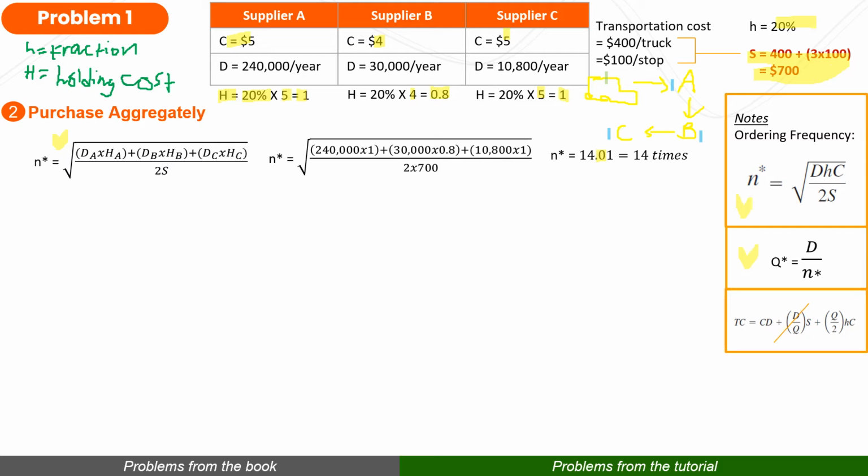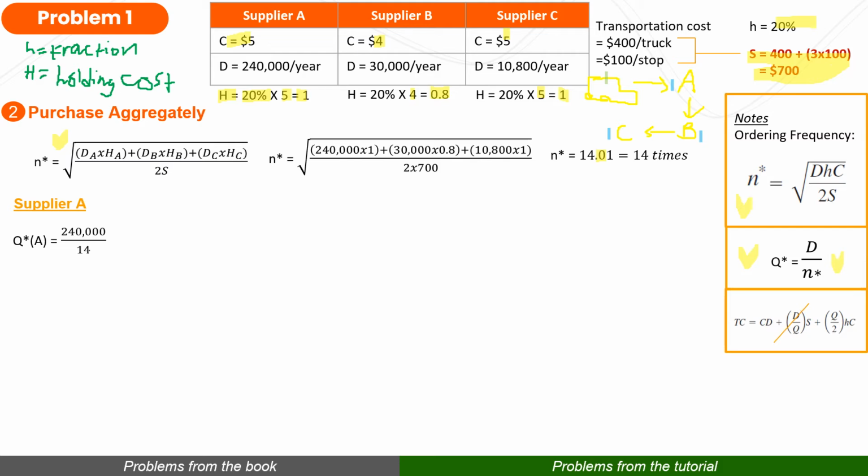So for supplier A, and for the Q star or EOQ, in this case, we use this formula, that is annual demand divided by the N star.